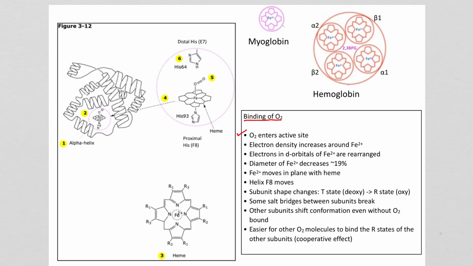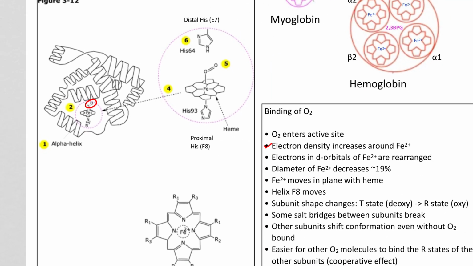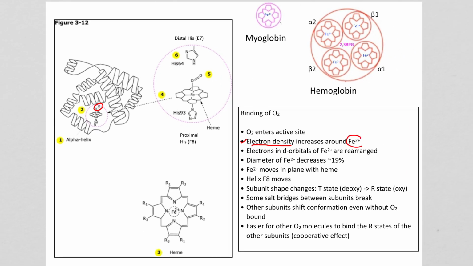In the first step, the oxygen gas will diffuse to the active site. In the second step, when the oxygen is very close to the iron, the electron density around the ferrous ion increases.